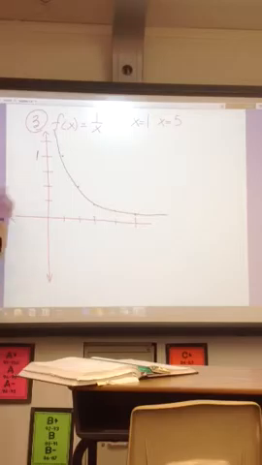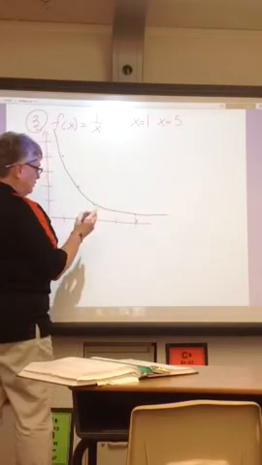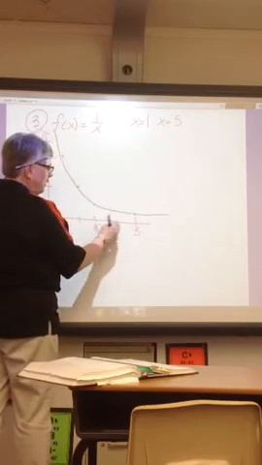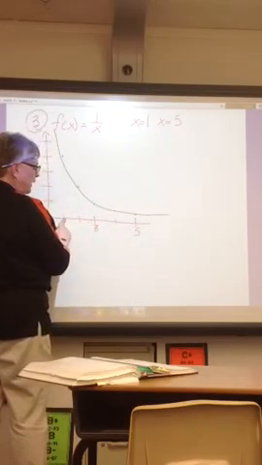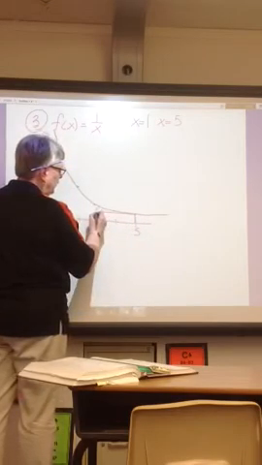Now, we said we're going to use left, and we want 2 rectangles. So since we're going from 1 to 5, we know that our rectangles would each be 2 units wide. So we would draw the rectangles.